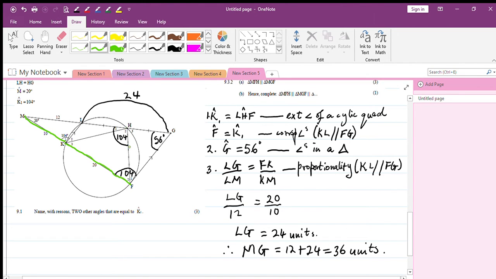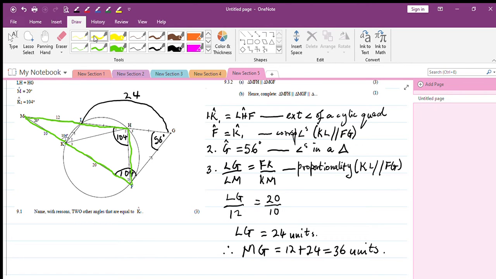And the next triangle is MGF. Now I'm going to draw MGF separately so that you can see clearly how it looks in terms of the size of the angles.